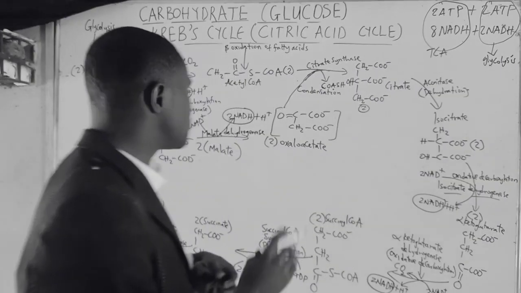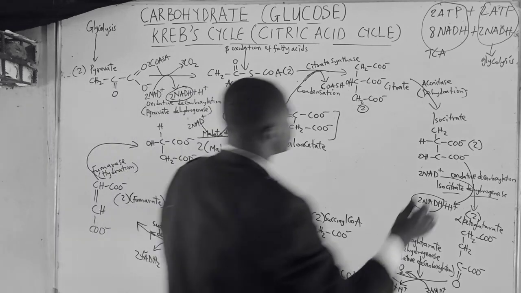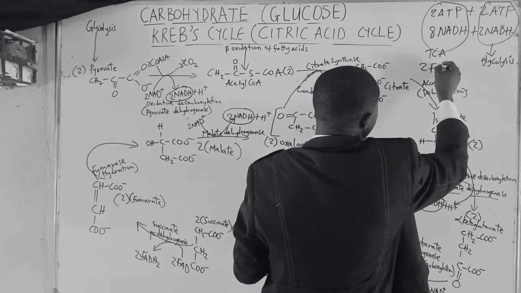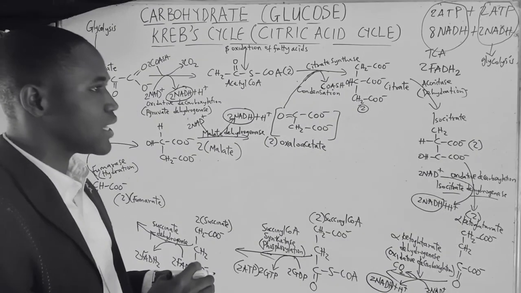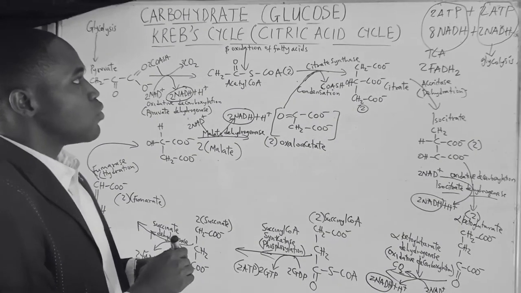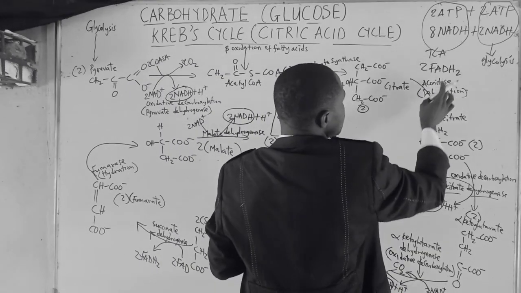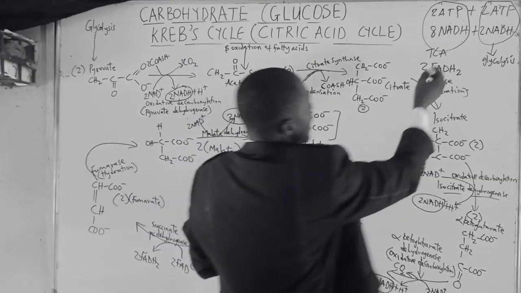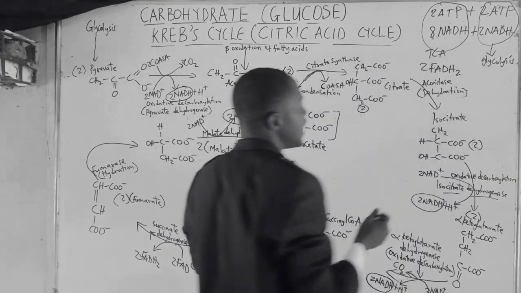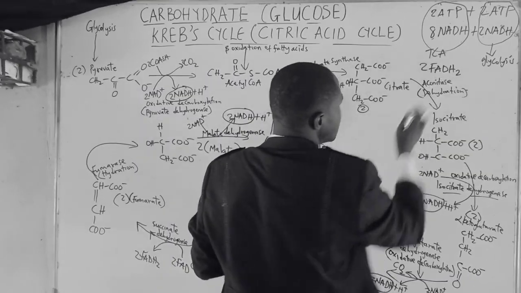Then also from TCA, we have 2 molecules of FADH2, that is the reduced flavin adenine dinucleotide. So the total NADH we have from glycolysis and TCA is 8 plus 2, 10 NADH. Then we also have 2 FADH2.